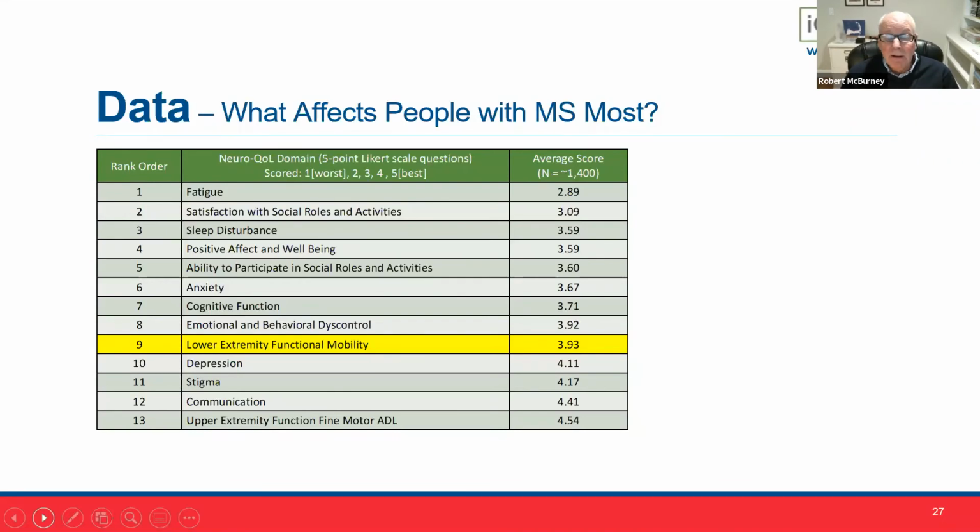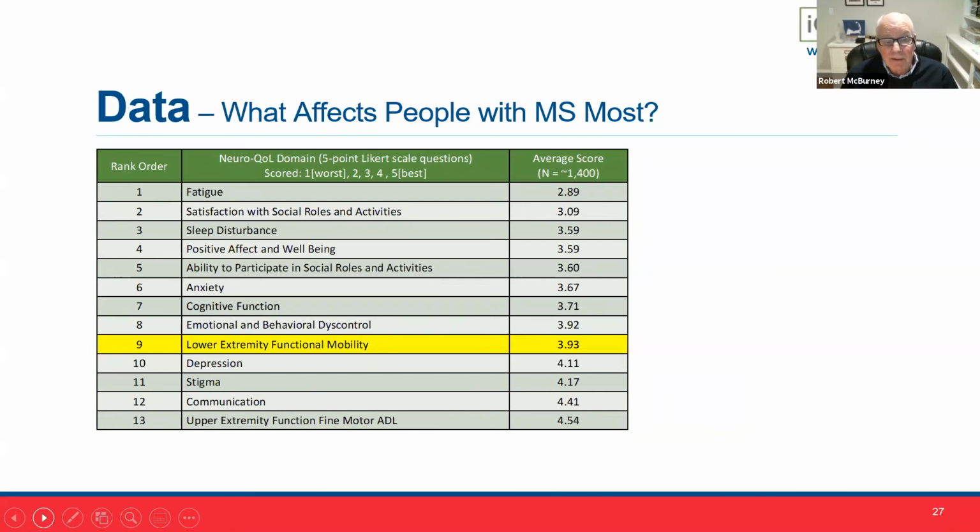You can generate an average score, because the answers are something like sometimes, often, always on a 5-point scale. And you can create a score from those responses.